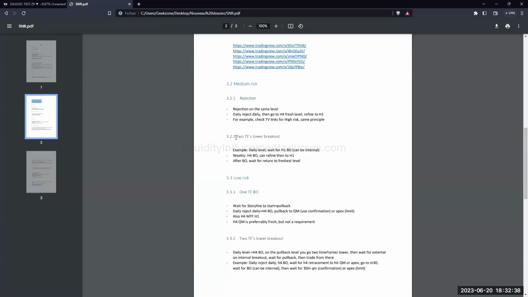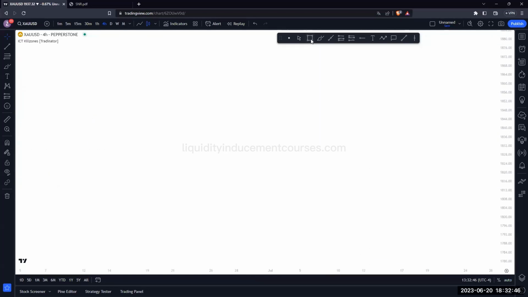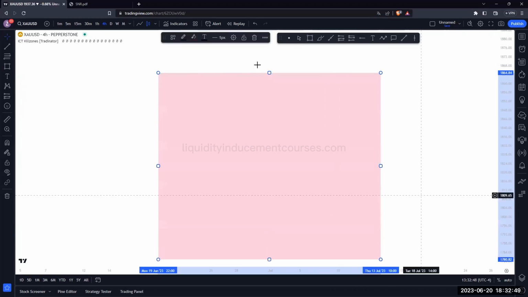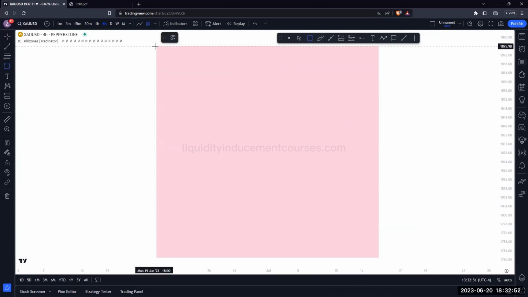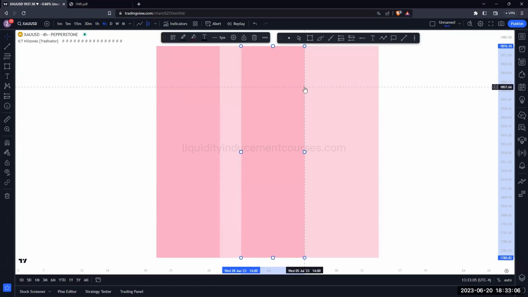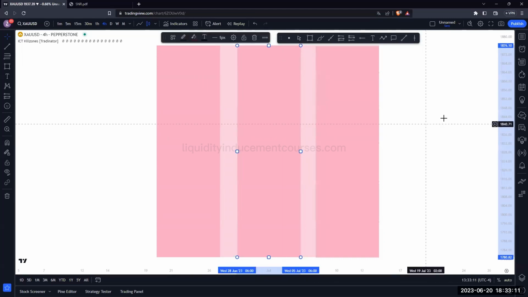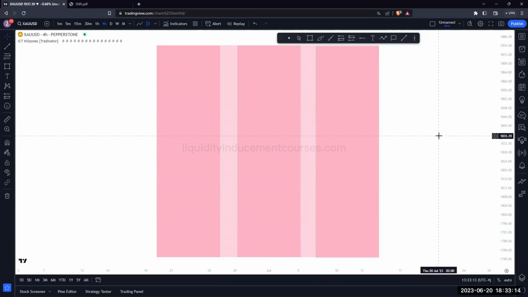Now you're going to have the 2 time frames lower breakout. This one can take a bit of time, but let's go through it. This is for the ones that want to scalp or are bored from waiting.